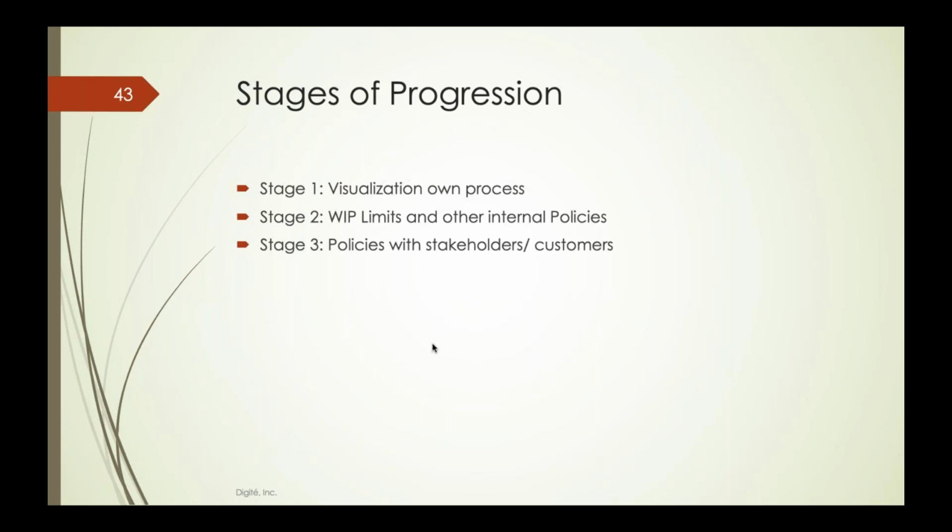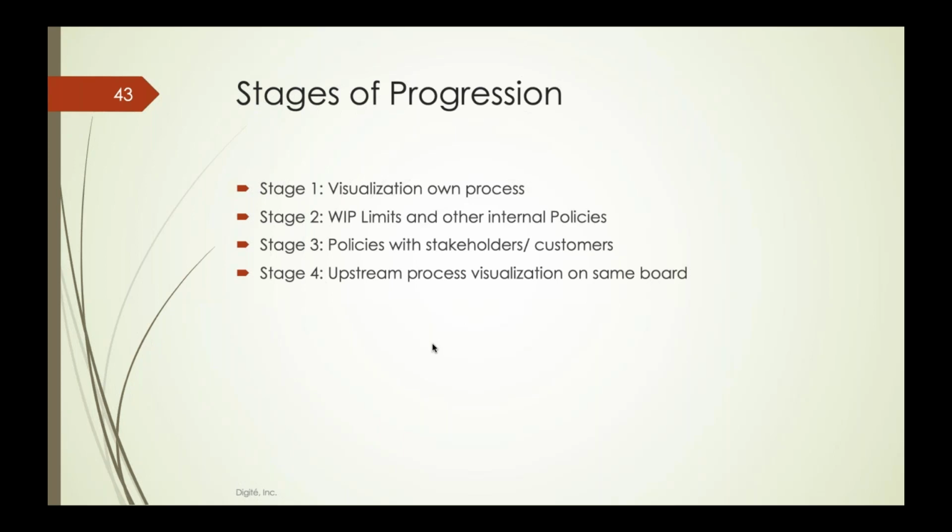But at stage three, very quickly, as if you were already sort of focused on that, you were starting to define policies with stakeholders and with customers, which would then help support you in terms of doing your own work. In our own journey, as well as what we've seen for our customers, very quickly the need to visualize the upstream processes and the way that their work was being defined for them became quite clear.